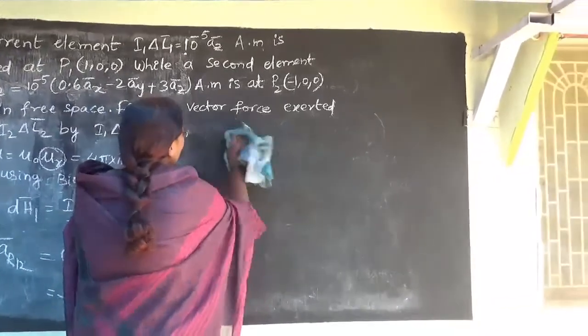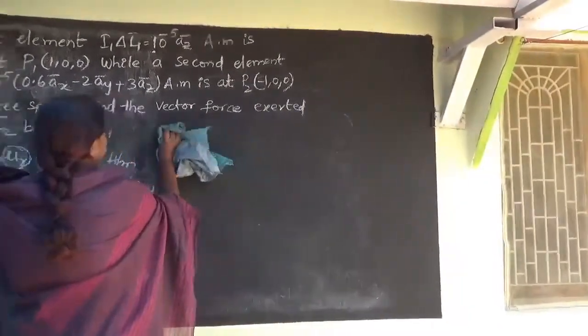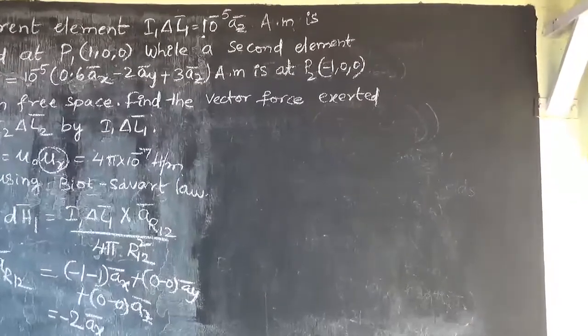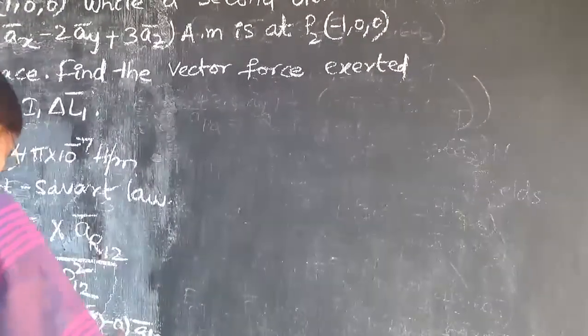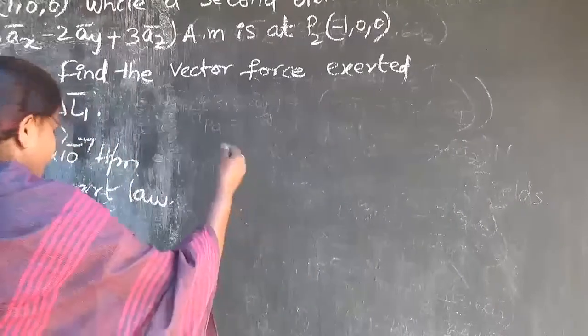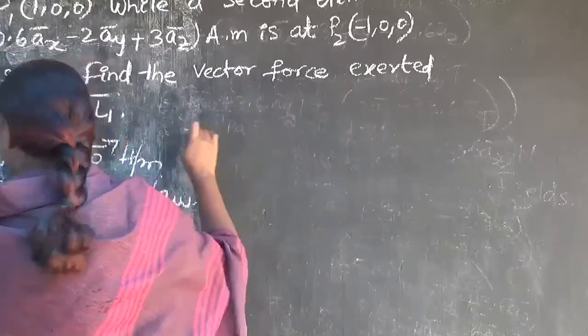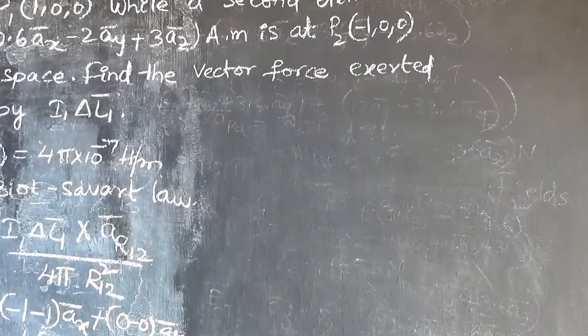So this is my vector from point 1 to point 2. So this is not the unit vector. This is the R12 bar.